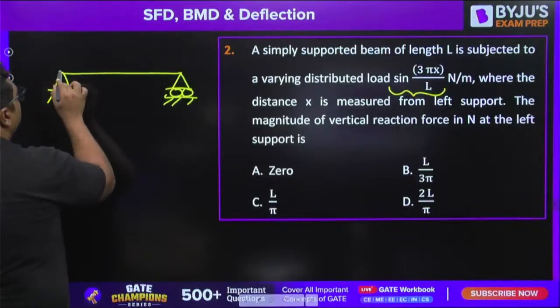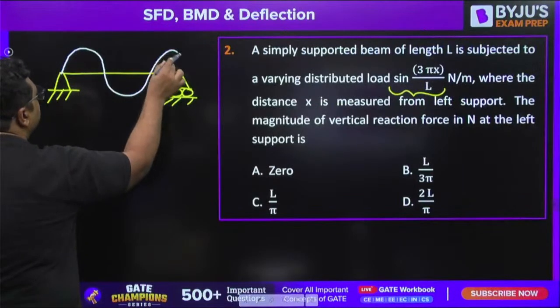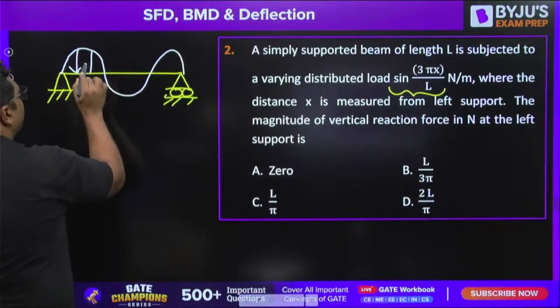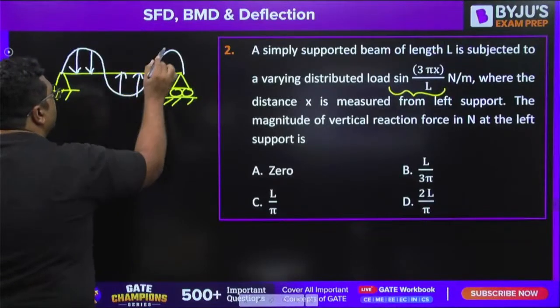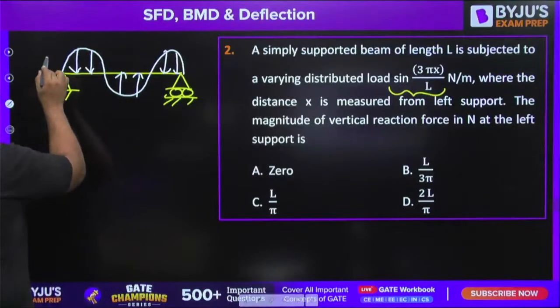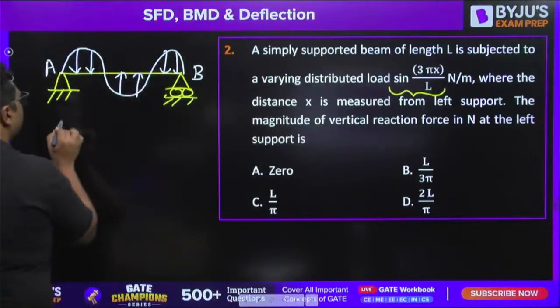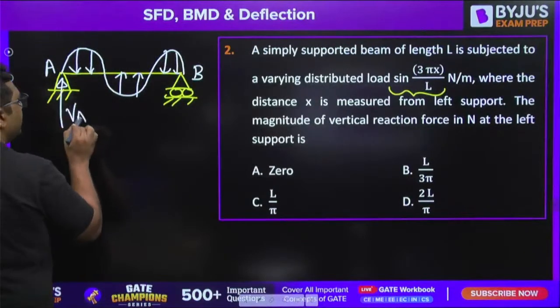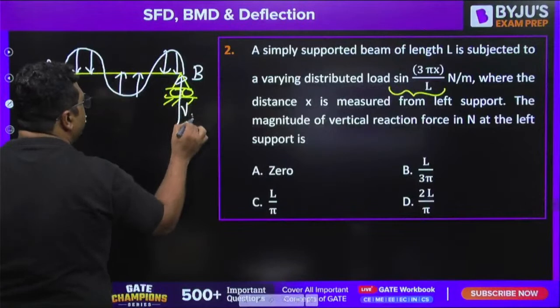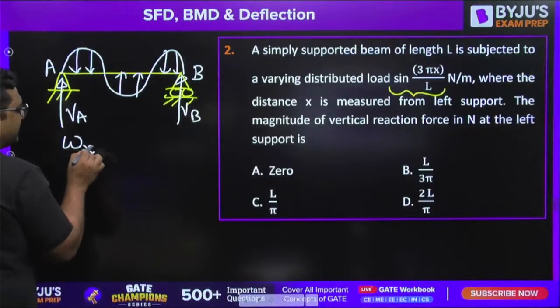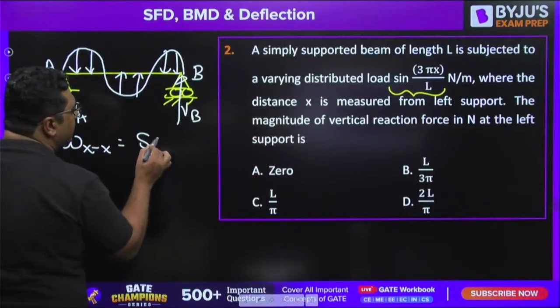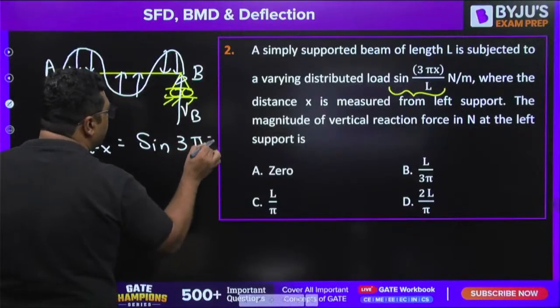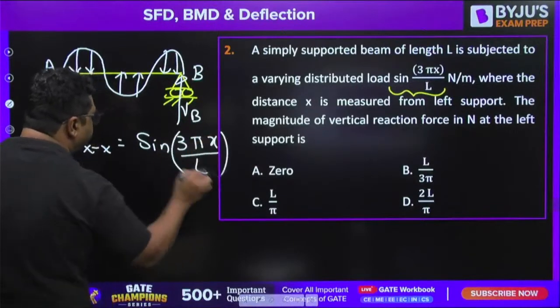The sinusoidal loading is given like this, 3 pi x by L. For this loading they are asking what are the support reactions VA and VB, and they have given you W(x) as sine 3 pi x by L.